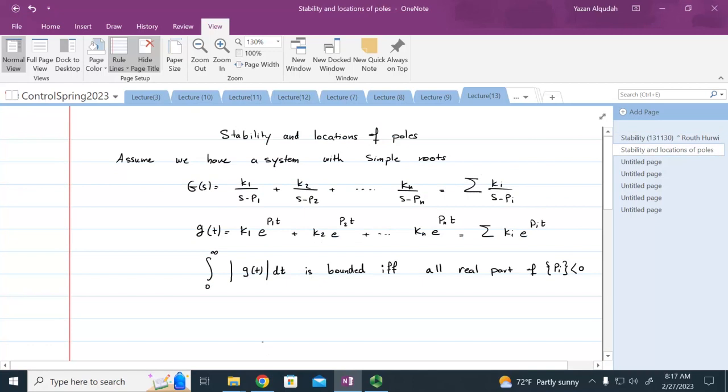So all the real parts of the poles have to be less than 0, and that is the same as saying the poles are in the left half of the S-plane. Is that clear, everybody? Okay.